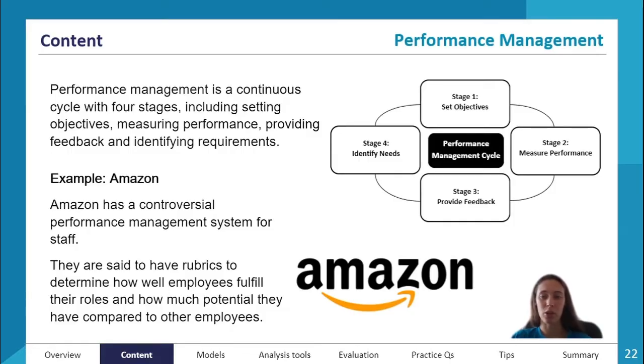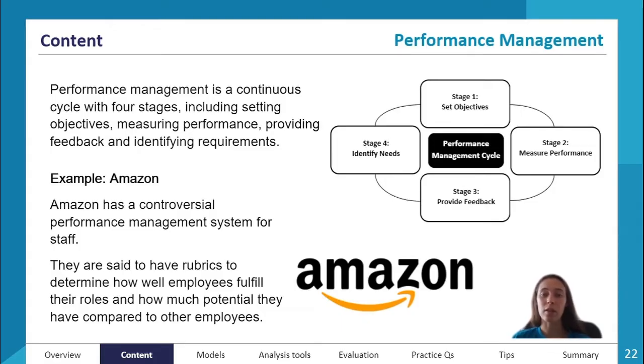You need to be able to identify the needs, and once you've done that, you'll be back to continuously looking at measuring performance, looking at feedback. You don't just want to measure performance once and then leave it at that, because then you're going to lose that momentum that you may have had.